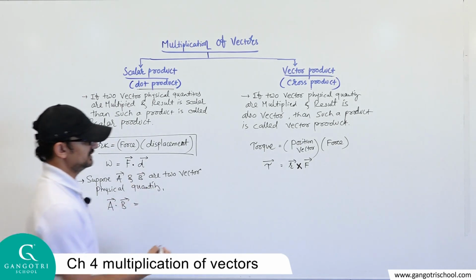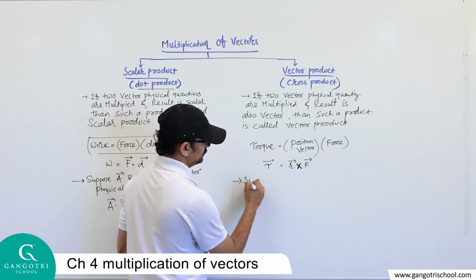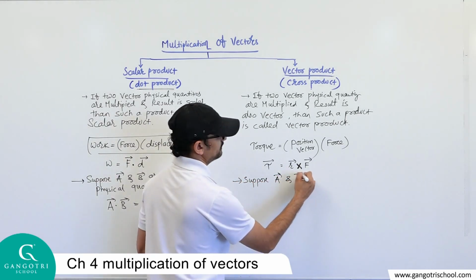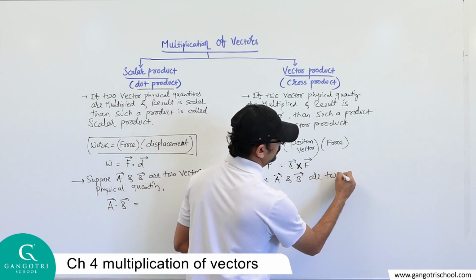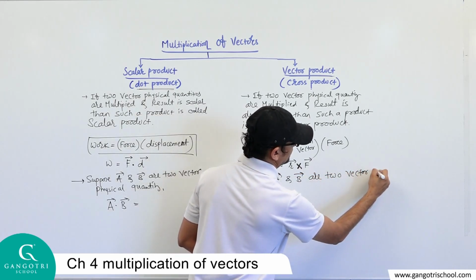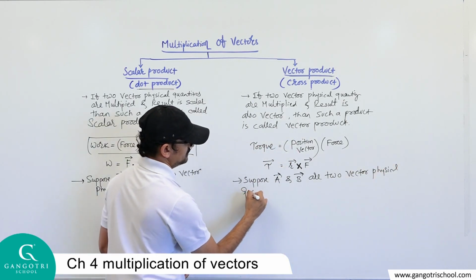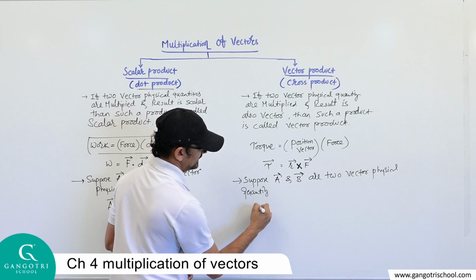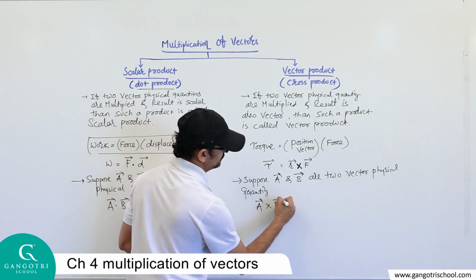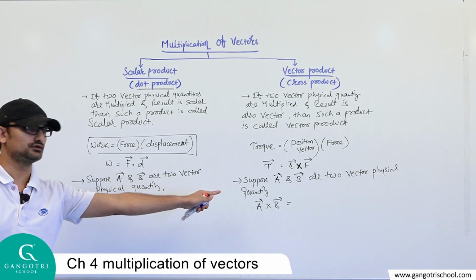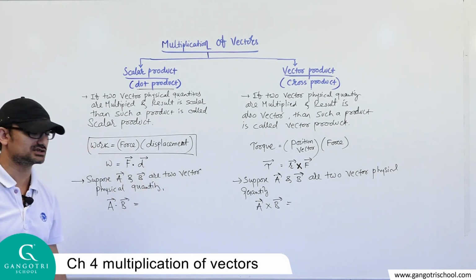That I'll tell you. And similarly, suppose A and B are two vector physical quantities, then A cross B is equal to what? You should accept these two formulas.